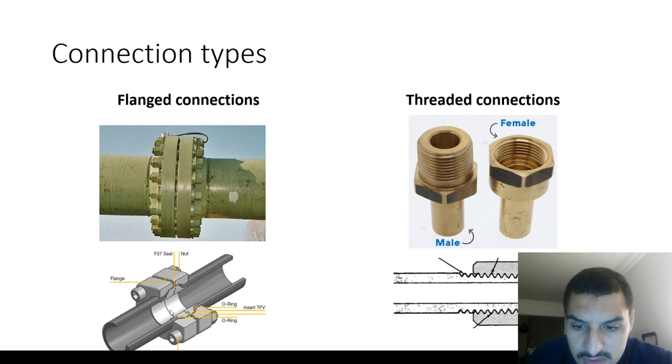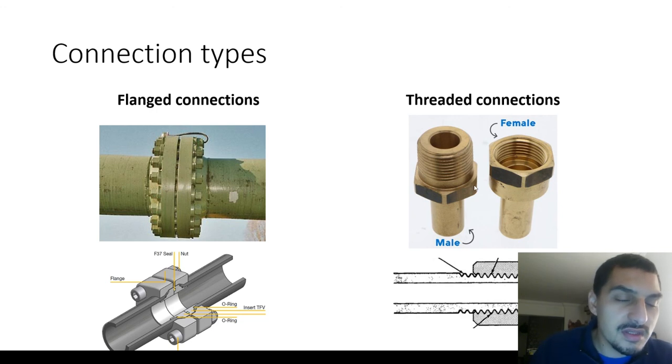And this is what we see here in this section. This is the pipe, and this is the flange, and this is the other flange. They are connected together, and of course there is a sealing or something like a gasket to prevent the leakage, and they are screwed to make sure that the connection is secure and there is no leakage.